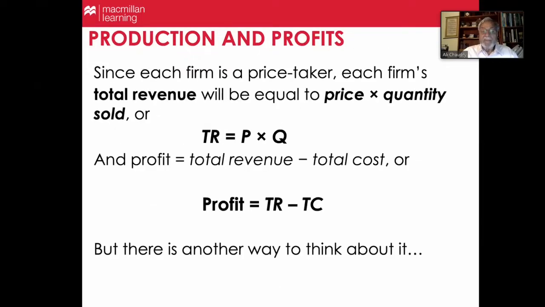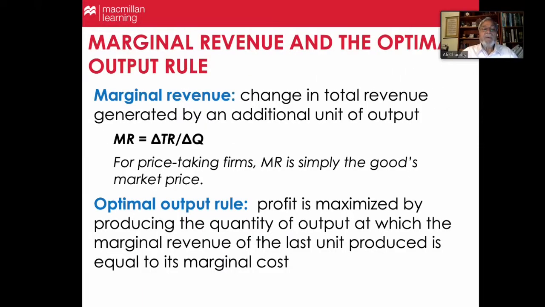So this is again the definition. Marginal revenue is defined as the change in total revenue generated by an additional unit of output. The marginal revenue is delta total revenue divided by delta Q, delta output.